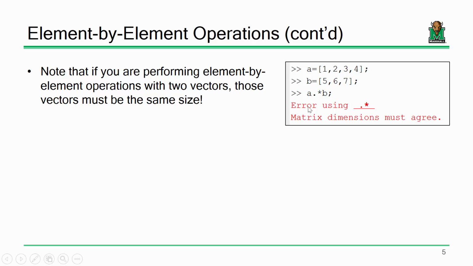Okay, well, what if we are going to try multiplying two vectors together? Well, try this. Create an array with A and with B, and even if you do the dot operator, you're still going to get an error message here because the matrix dimensions aren't the same size, meaning that we would have to have a 1 by 4 for A and for B to be able to multiply it together.